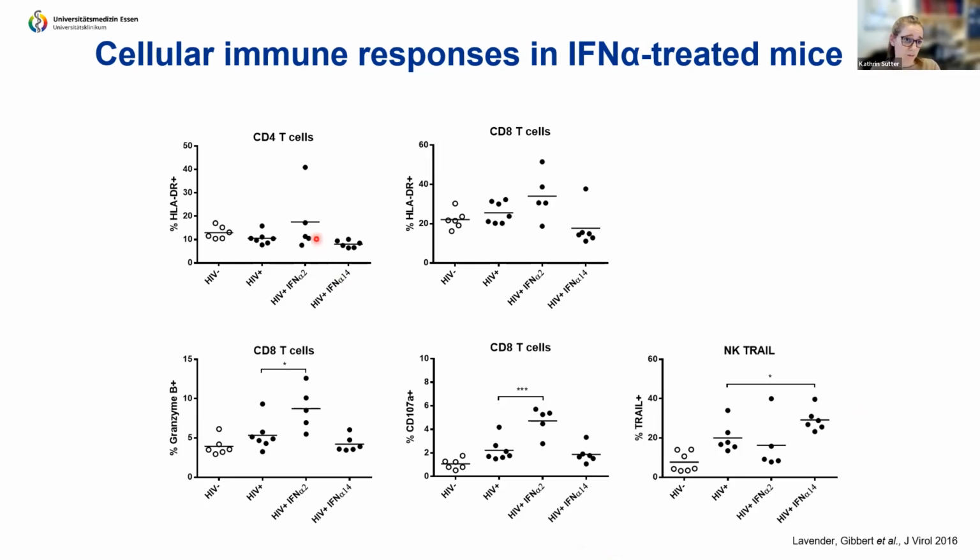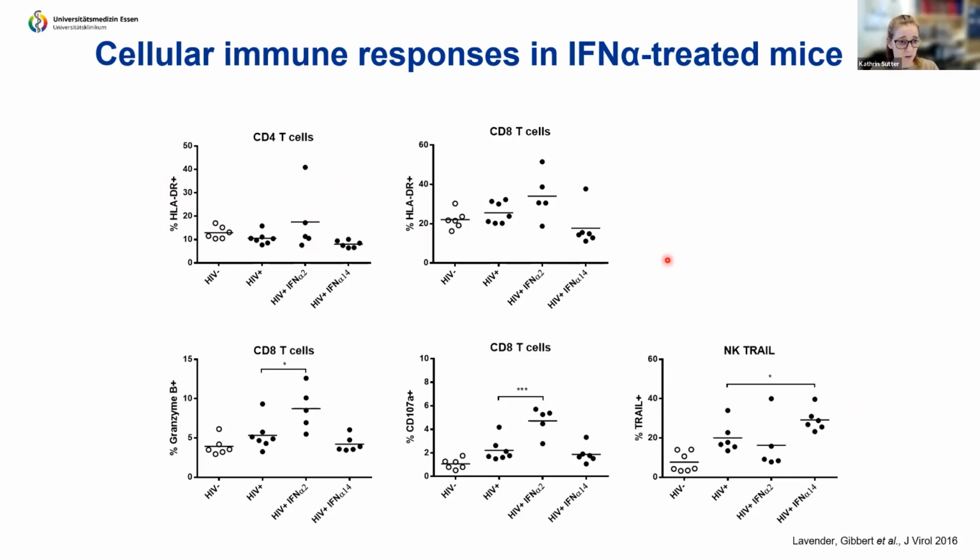So what we did is we looked for the activation of CD4 and CD8 T cells. This is one marker in humans, HLA-DR. And you see there was no effect on the activation of the T cells. So no hyperimmune activation. That was really good.